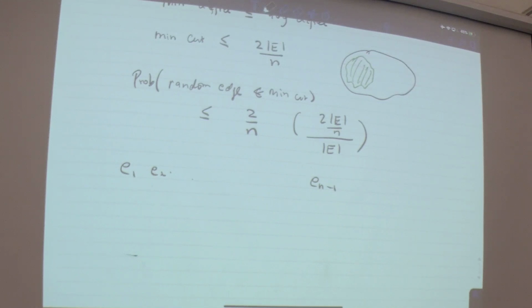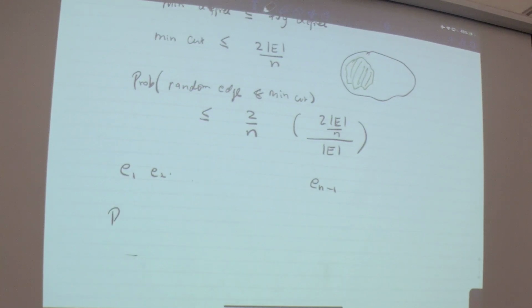We want to know the probability that all of these edges avoid the min cut. That's our goal. That's a success. So what is the probability that all of the Ei avoid the min cut?